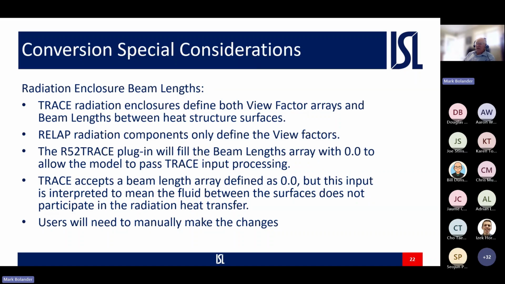TRACE accepts those 0 beam lengths, but this input is interpreted to mean that the fluid between the surfaces does not participate in the radiation heat transfer. So as users, if you feel that's important to you, you're going to need to make those changes manually.